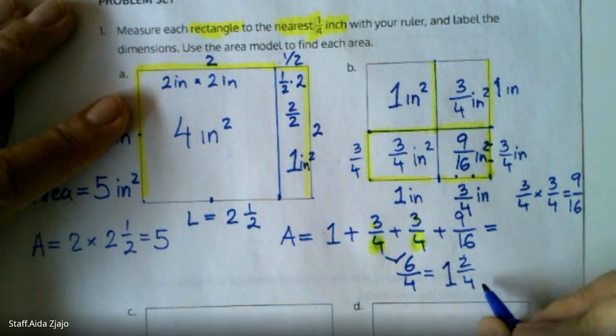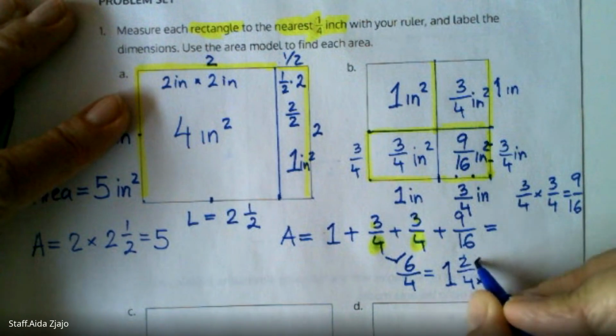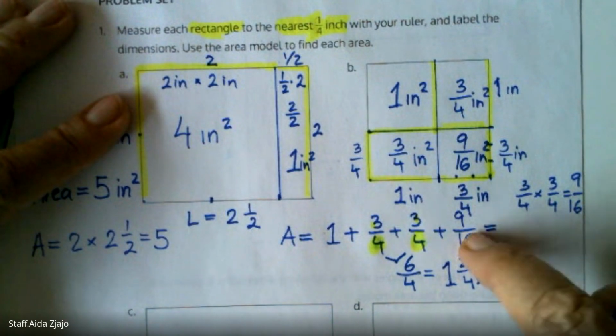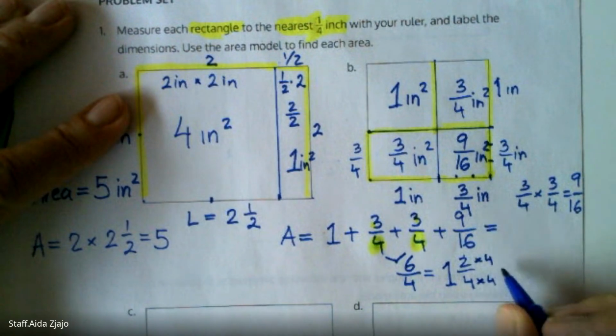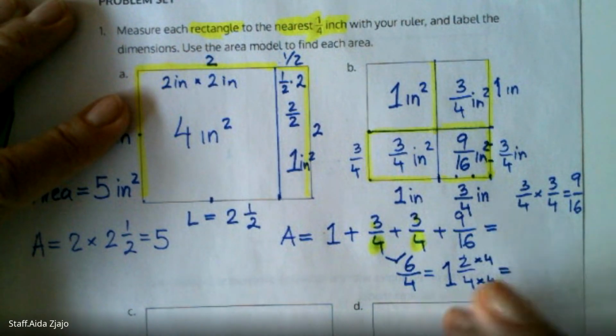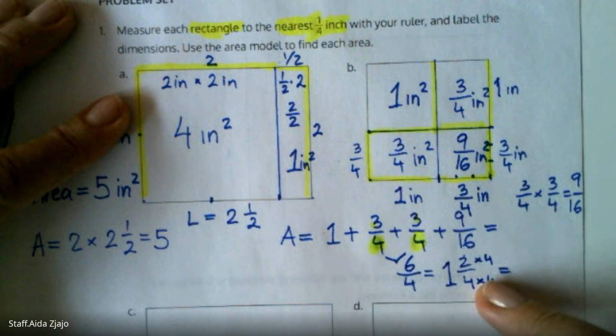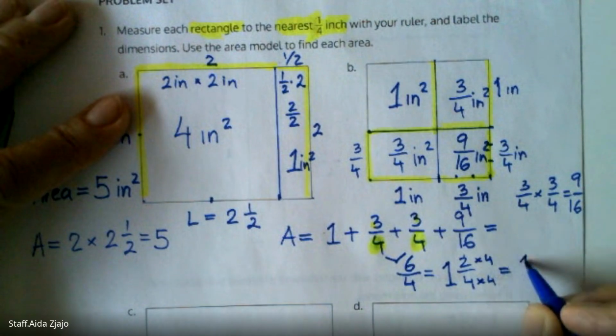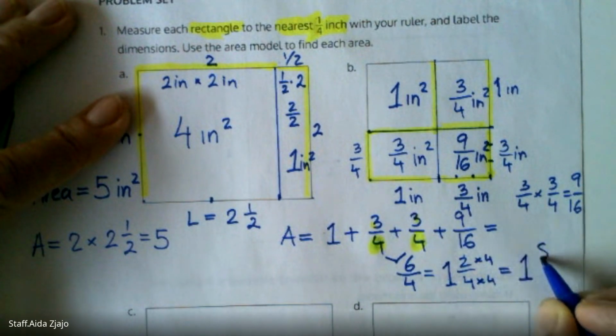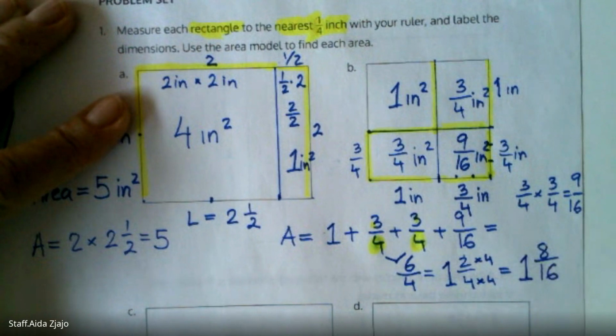So I'm going to multiply by 4, so I can get 16ths. So 3/4 plus 3/4 will need to be 1 whole and 8/16.